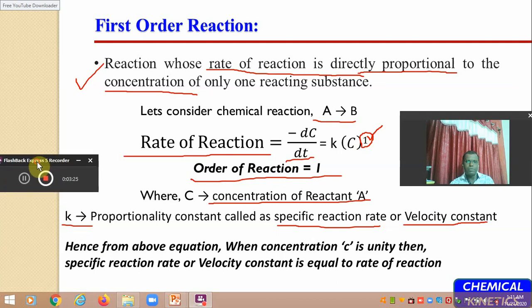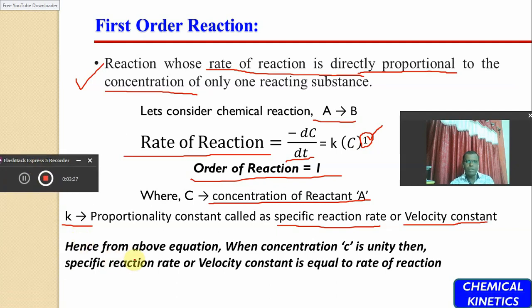Dear friends, from this equation we can conclude that whenever the concentration of the reactant in this equation is unity, then the rate of reaction is simply equal to the specific reaction rate or the velocity constant.